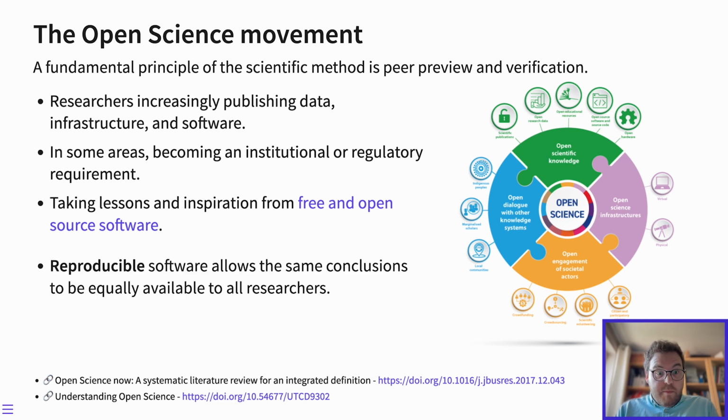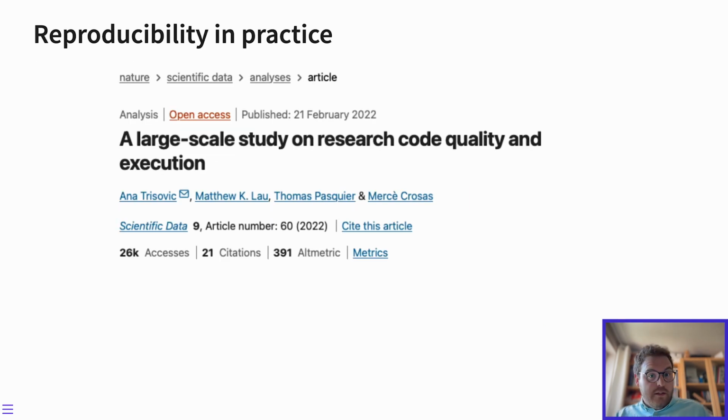And this takes us to reproducibility, the idea that if you have some kind of data analysis, it should be created in such a way that other researchers can come to the same conclusions as you. Now, that's nice in principle, but in practice, things don't go so nicely.